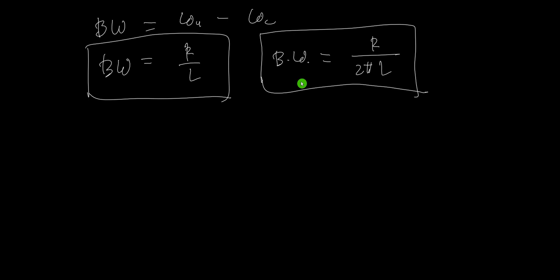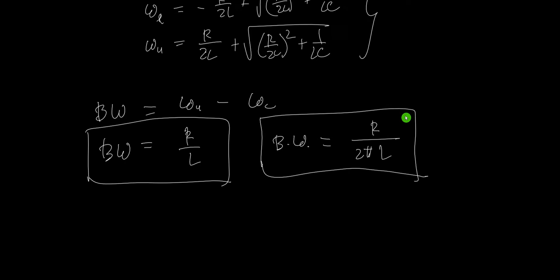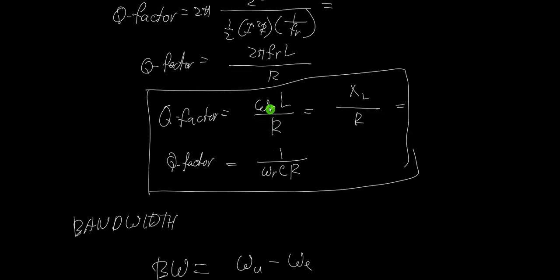So remember, Q factor is just equal to omega R times L all over R. Which is just the Q factor, omega R L all over R.